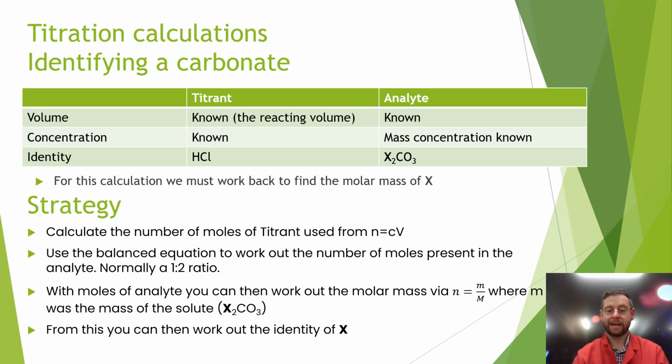And so then we can work out what the actual molar mass was of this substance, X2CO3. Once we've done that, we can subtract away the molar mass of the CO3 and then divide by 2, and it's going to tell us the identity of the unknown chemical.